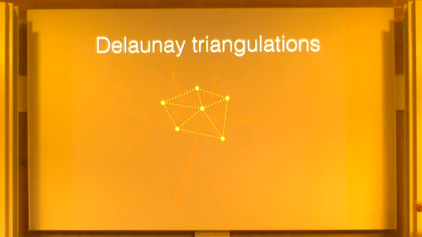So if you consider the yellow points as obstacles, then the red roads that are obtained by connecting the centers of circumcircles are safest paths between these points.